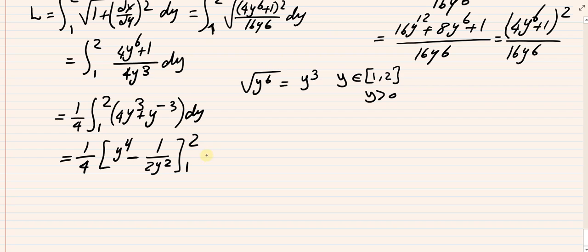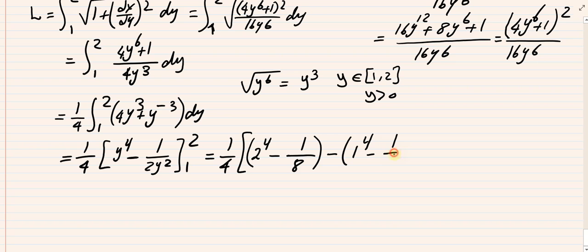Right? So that's your divide by negative 2 part. Evaluate it from 1 to 2, and the upper limit again is 2 to the 4th, which is 16, minus 1 over 8, minus 1 to the 4th minus 1/2. So this is just 1/2, negative 1/2 with a negative on the outside.